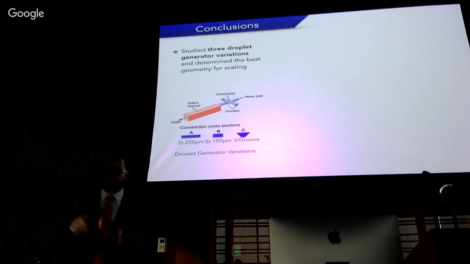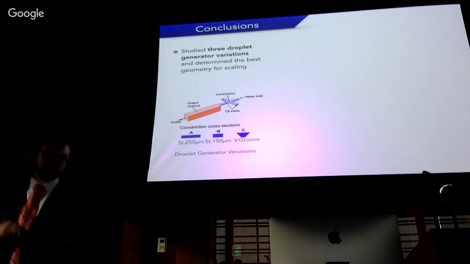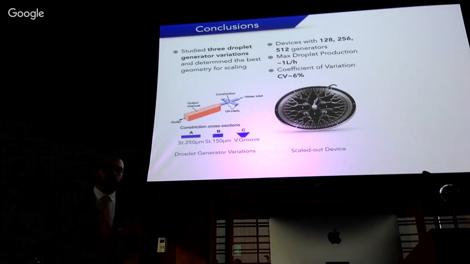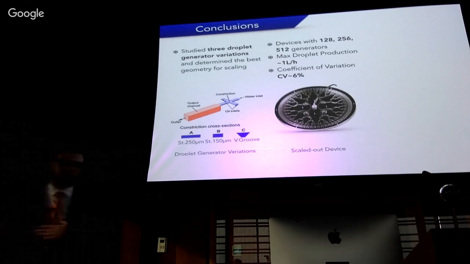So for conclusions, I studied different geometries for droplet generation, and I selected the one that worked the best for parallelization. Then I created different devices with 128, 256, and 500 generators. We demonstrated production volumes over a liter an hour and coefficients of variation of approximately 6%.